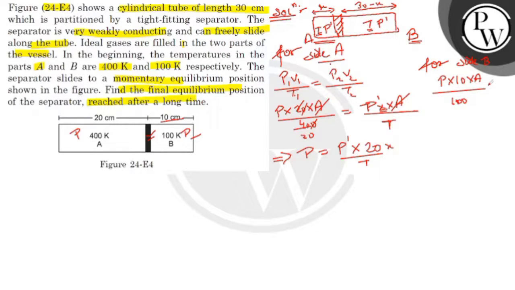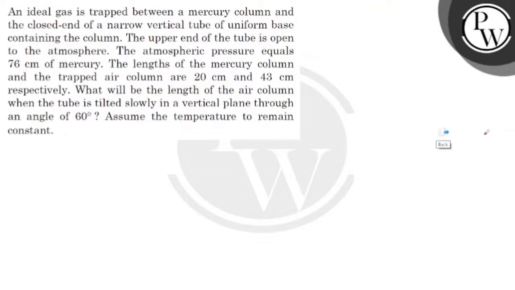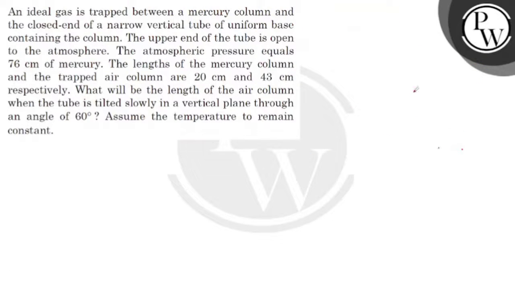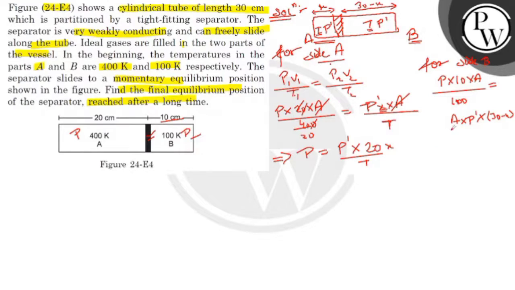Here the pressure is P dash and volume is 30 minus x into A, divided by T. A is cancelled out by A, and this is 10.